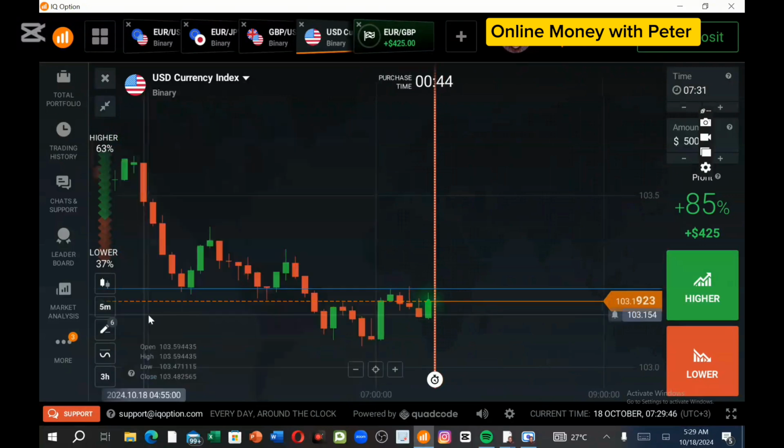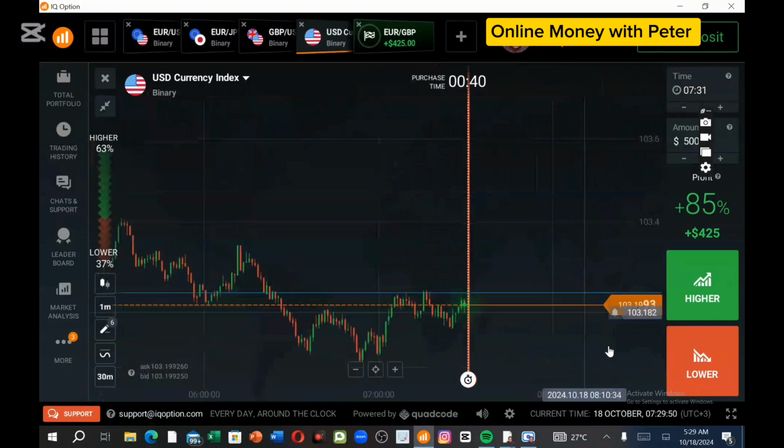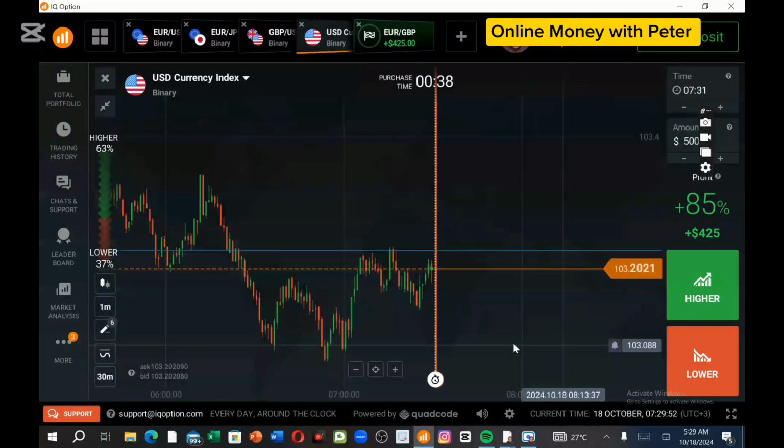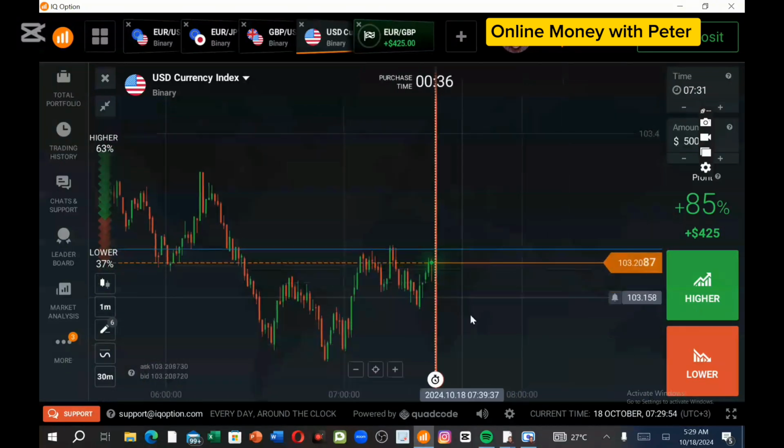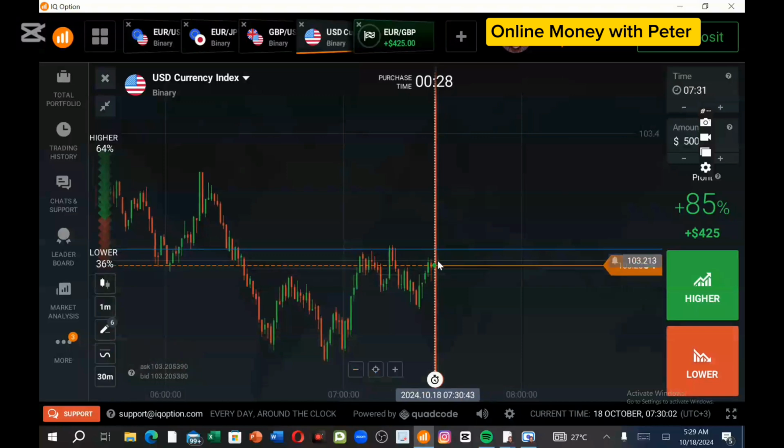Let me go back to 1 minute chart and see. You can see actually that, sorry, this is a good area to place a sell trade. Let's see. I think I've missed this one.